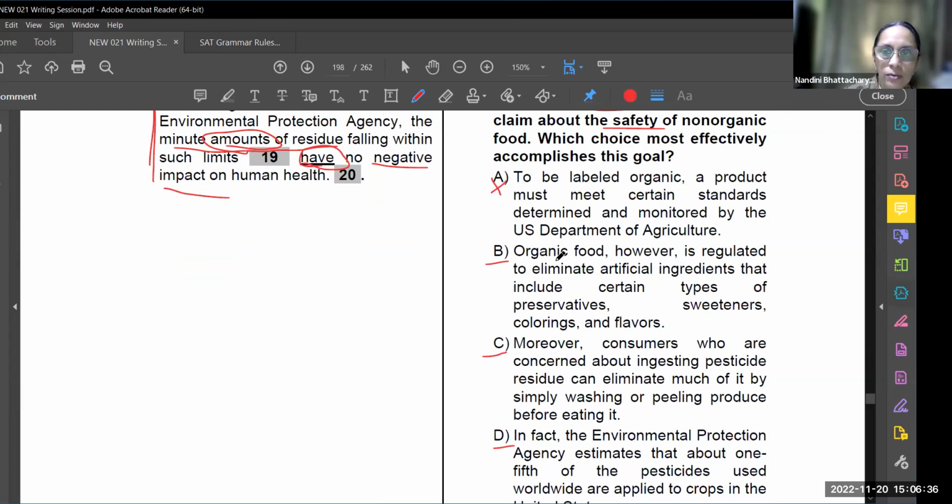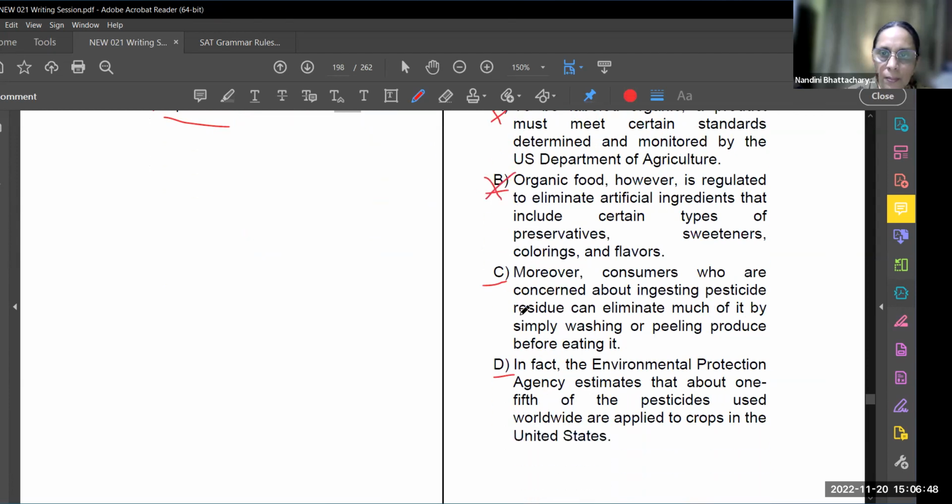Now, B: organic food, however, is regulated to eliminate artificial ingredients. Is this supporting the points made in the previous two sentences? No, right? Then C says, moreover, consumers who are concerned about ingesting pesticide residue can eliminate much of it by simply washing or peeling produce before eating it.